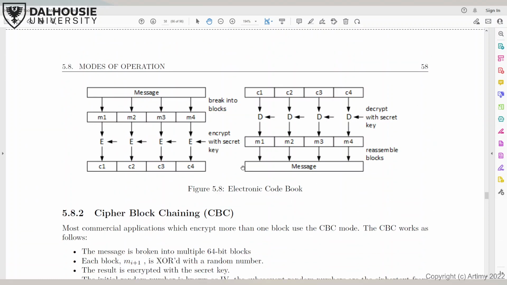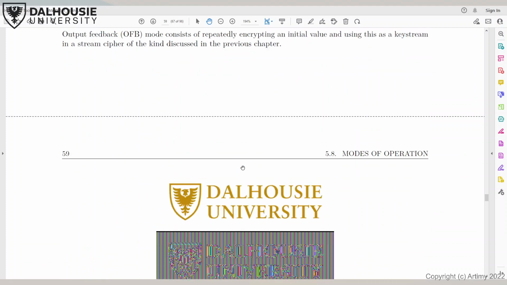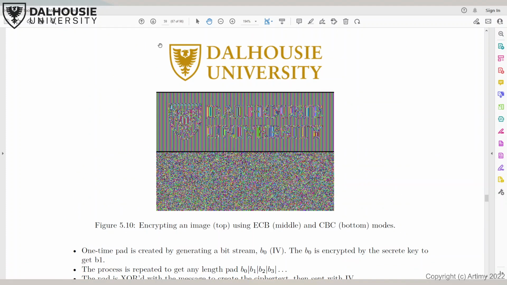To make this picture clear, see this image here. The image is a series of pixels, each one of them represented by bits that represent the colors. So the white color will always be encrypted with the same result, the same cipher.